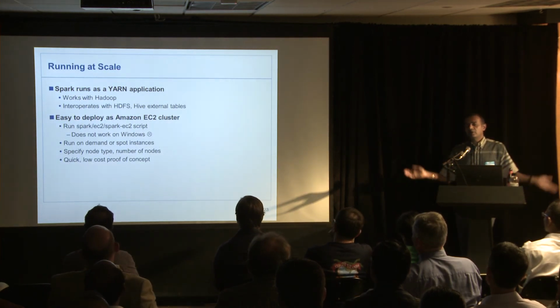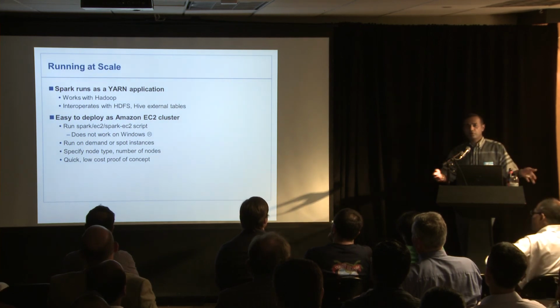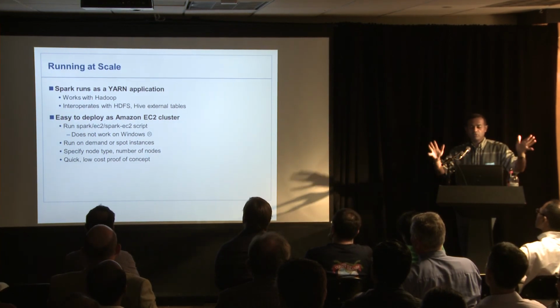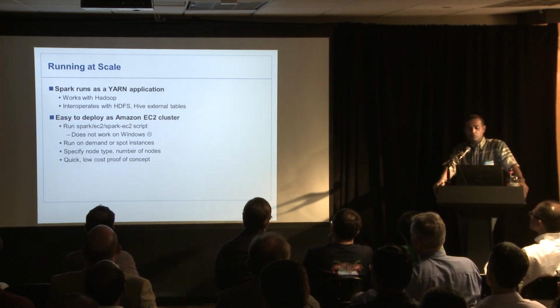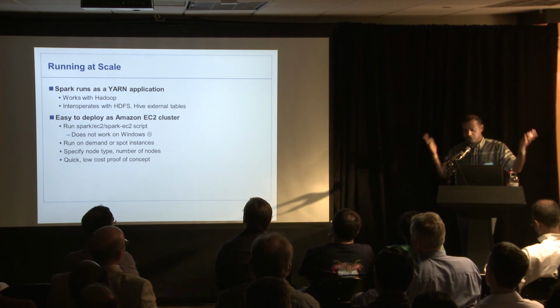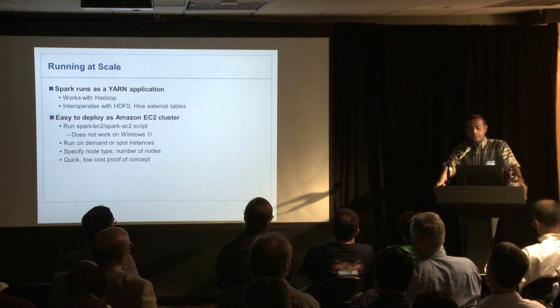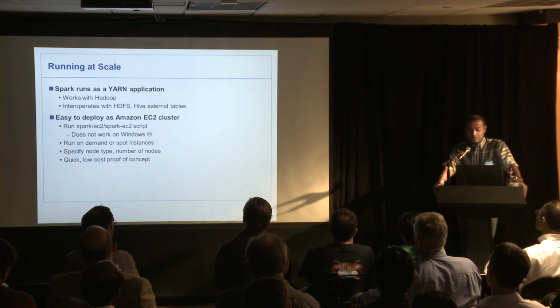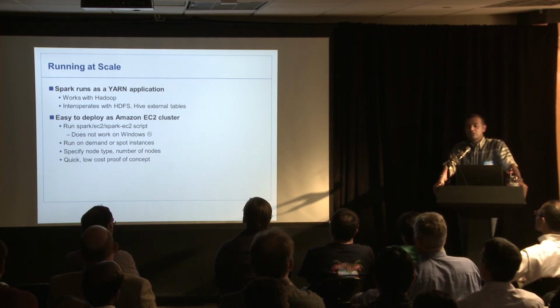So now, okay, great. You run it locally, wonderful. You've got all the basic things working. But then how do you run it at scale? You want to run it on real, large data. It works with Hadoop, it works with HDFS, and it works with Hive external tables, because Hive external tables are just HDFS files. The easiest way, and the way I do it, is I just launch an Amazon EC2 cluster.